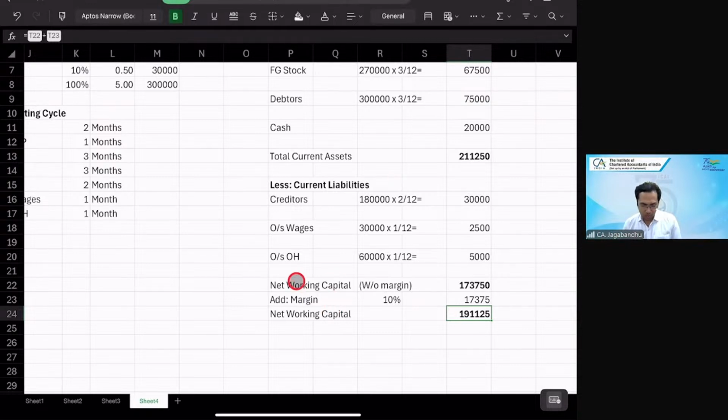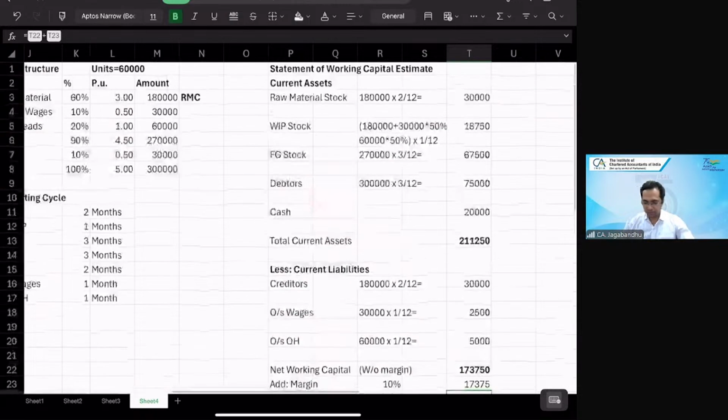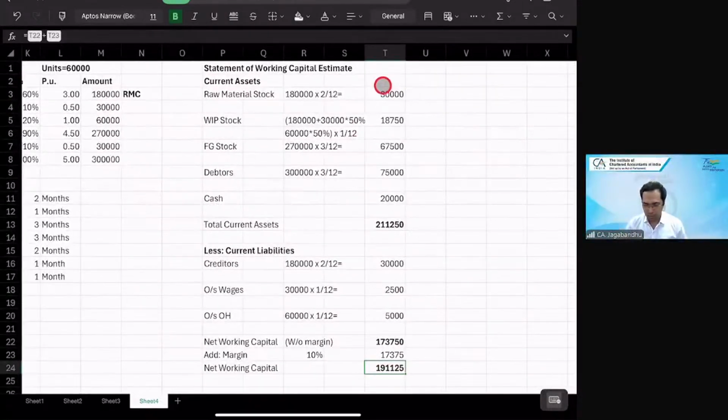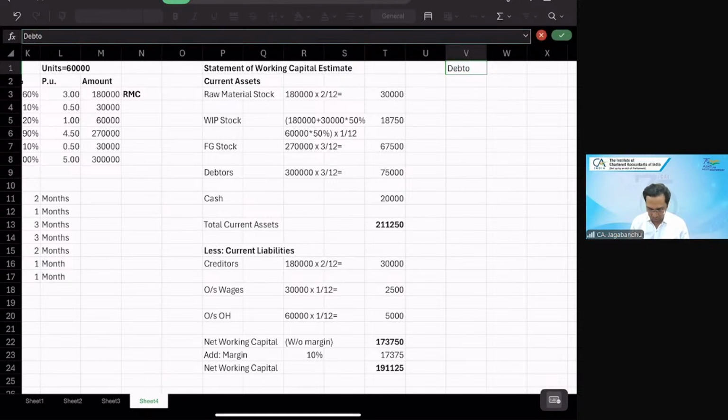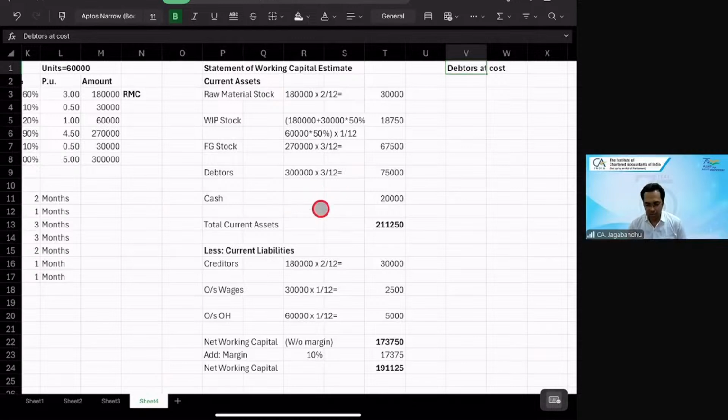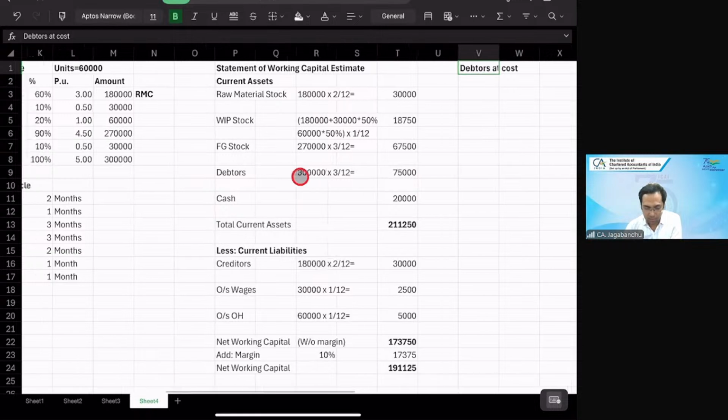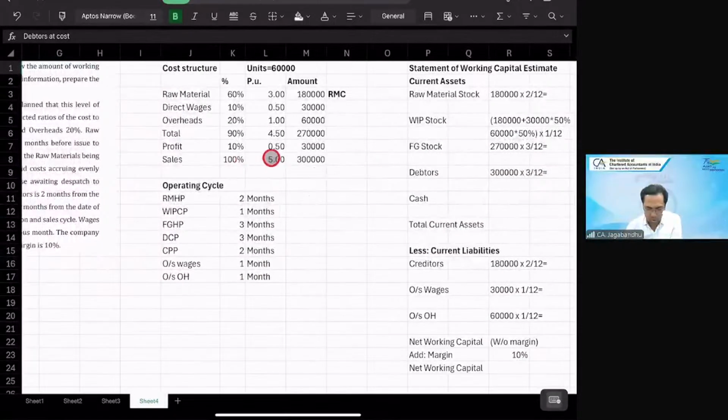Okay. One important point that we need to remember is here we are calculating the debtors on sale value. But in ICAI questions, you will find that you are going to value debtors at cost. Because see, they're making a sale on 100% basis.